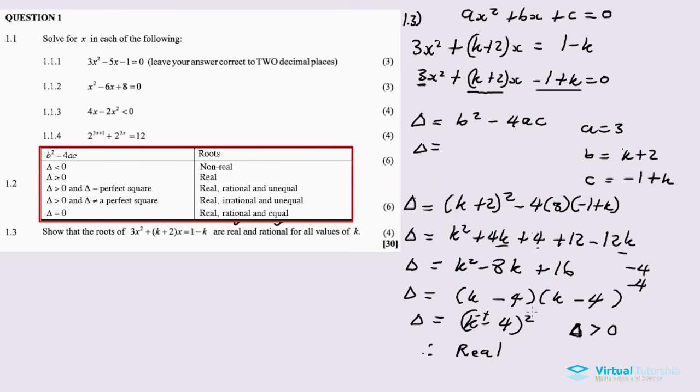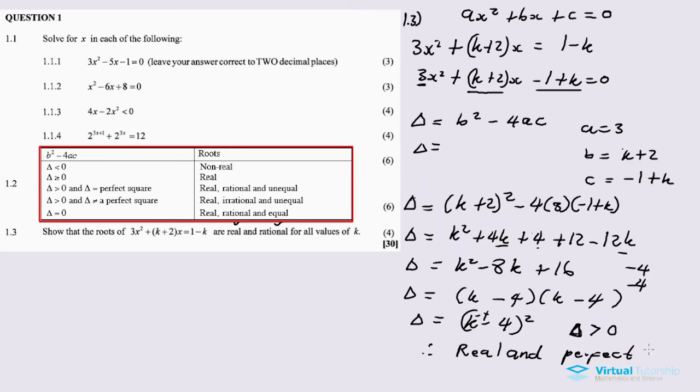When I square I always get a positive value, so the discriminant is always greater than 0, and the roots are also real. And if you look at what the discriminant is, it is a perfect square. The square here means that for every value of k, I square it, so the discriminant is a perfect square. So the discriminant is real and a perfect square.